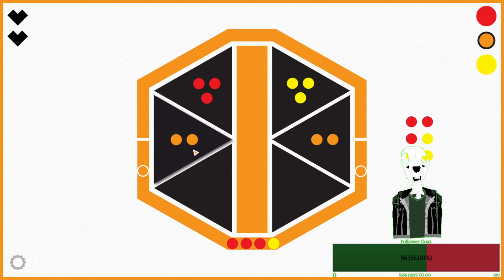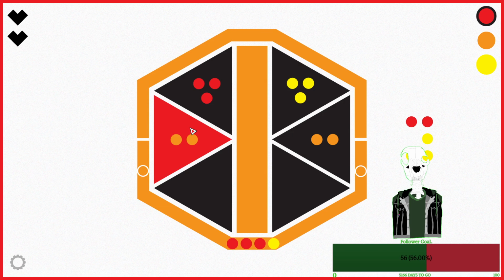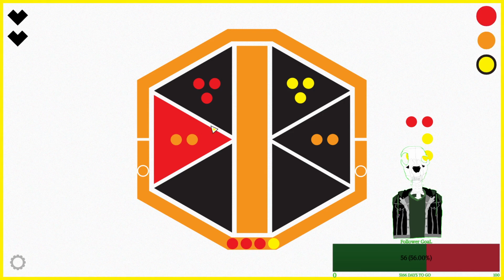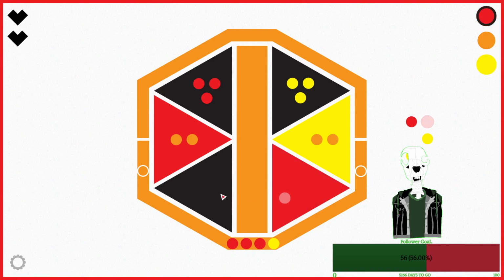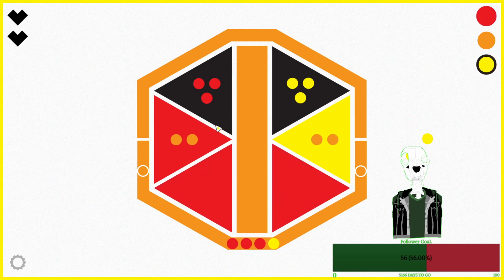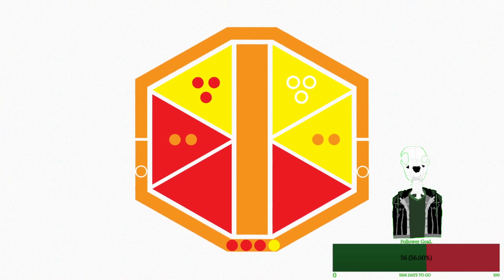And everything else is just red and yellow. This bottom one is touching 3 reds and a yellow. It's touching a yellow, so the other 2 have to be red, which means these 2 have to be yellows.